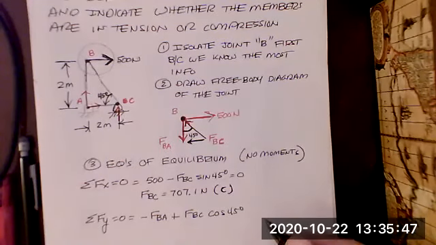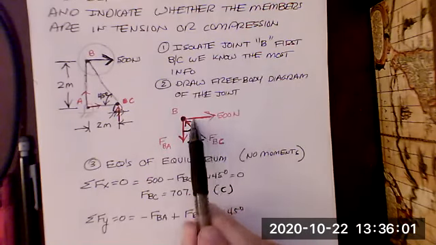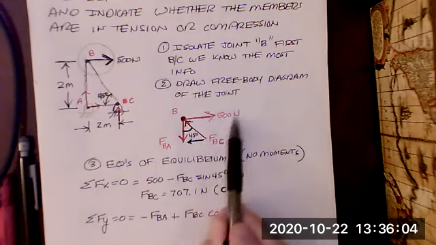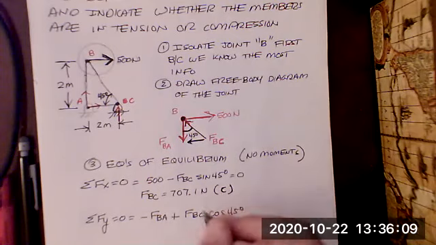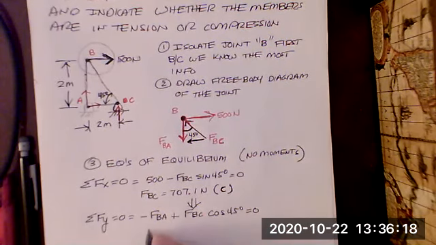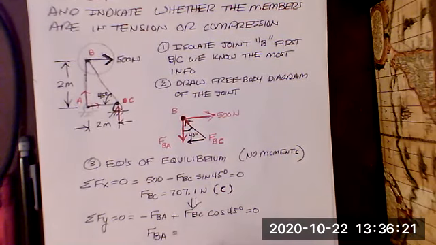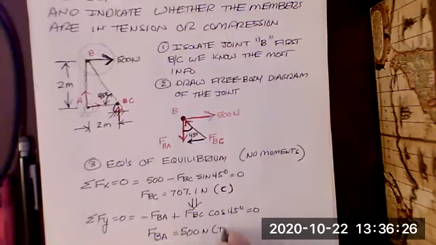He said plus 500? That would be the result of these two, right? Because if you plug this number in here and set that equal to 0, you're going to get FBA equals 500 newtons in tension.